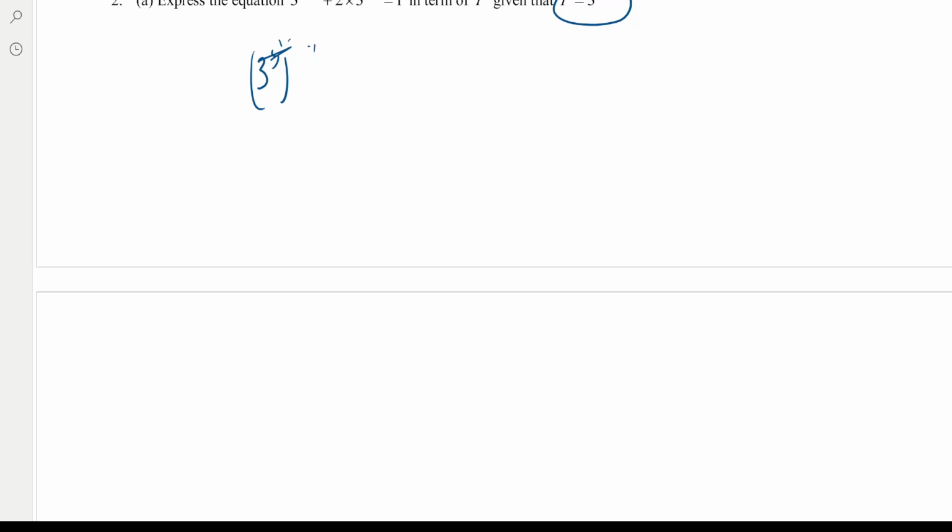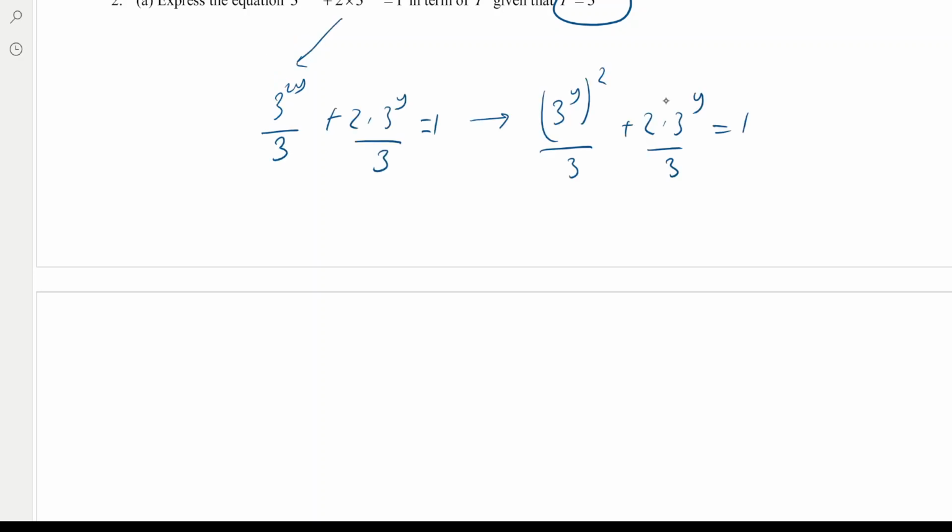And from this, we have 3 power y squared over 3, plus 2 times 3 power y over 3, equals 1. But we know that p is 3 power y, so here is p squared over 3 plus 2 times p over 3 equals 1.